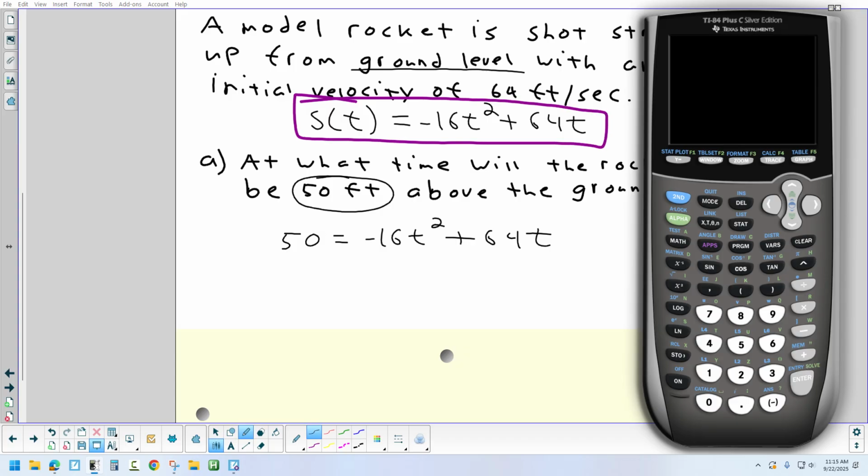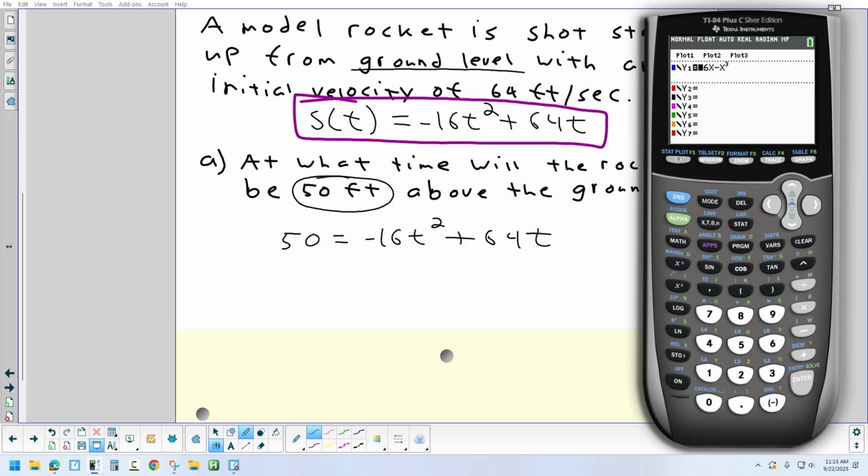So let's do this one on the calculator. Okay, to do it on the calculator, just take this equation, take the 50, put that in y1. Take the negative 16 t squared plus 64, you got to use x as your variable, and put that in y2.